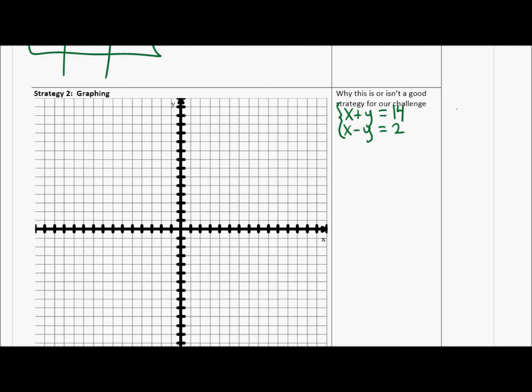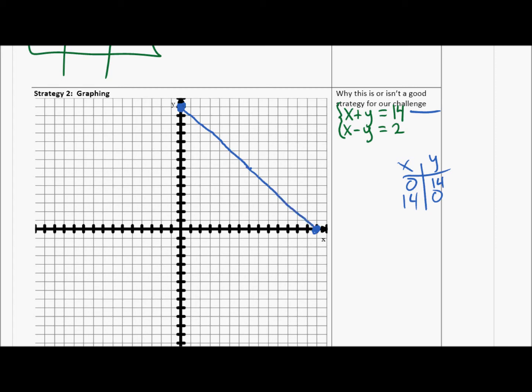The top one, I'll graph the top one in blue, and if I use the intercept method to graph it, if x is 0, y has to be 14, and if y is 0, x has to be 14. So 1, 2, 3, 4, 5, 6, 7, 8, 9, 10, 11, 12, 13, 14 is here, 14 is here, and I connect them. You'll notice the slope of the line connecting them happens to be -1.